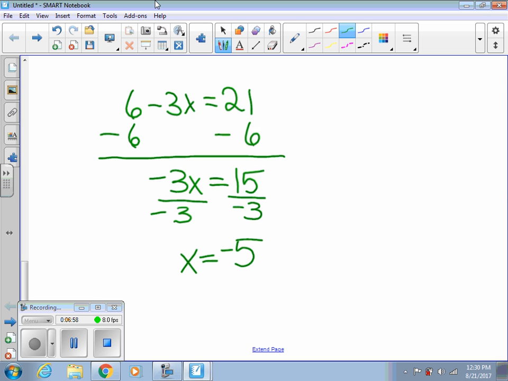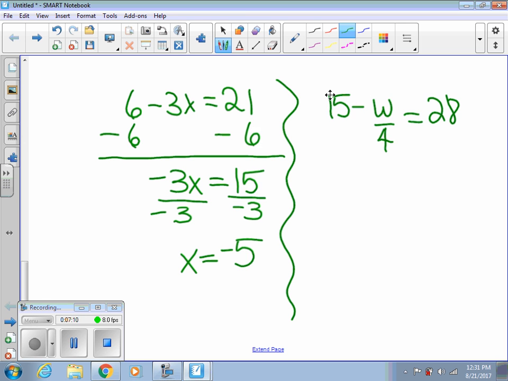X is equal to negative 5. All right. Sometimes we have a problem like this. What am I going to need to get rid of first? Junior. The 15. Is that positive or negative? Positive. So we're going to subtract 15 from both sides.